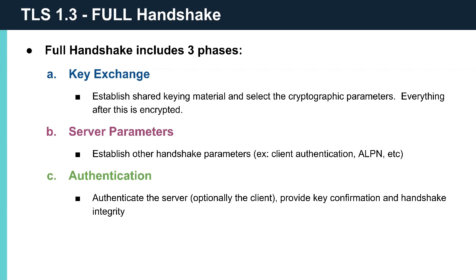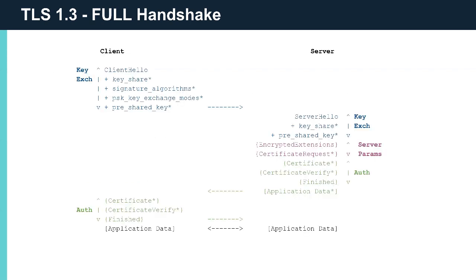And then the third phase is authentication. This authenticates the server and/or the client, and provides key confirmation and handshake integrity. If we look at the overview of the TLS 1.3 handshake broken down by those 3 sections, you can see the key exchange, the server parameters, and the authentication phase.